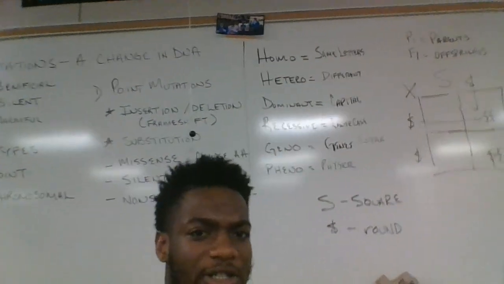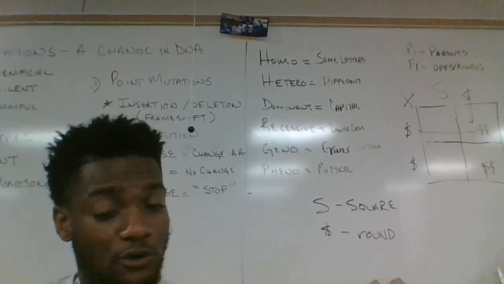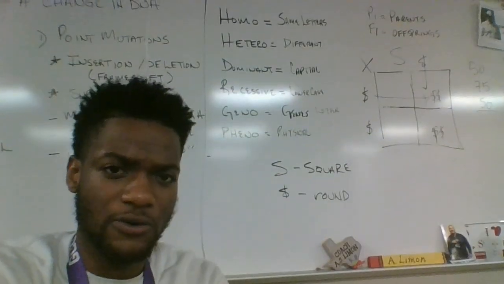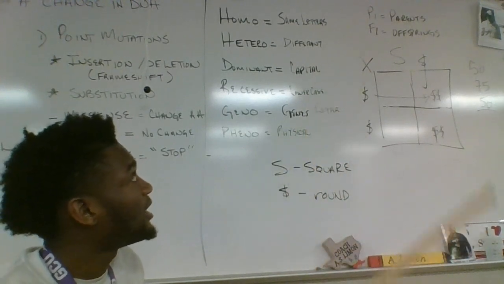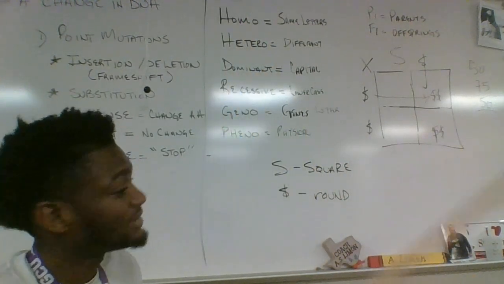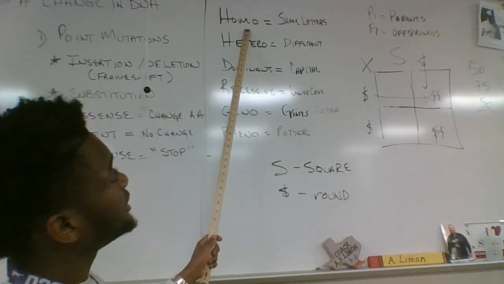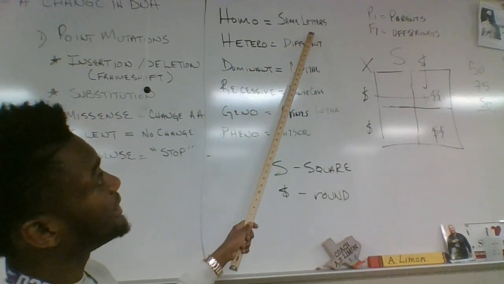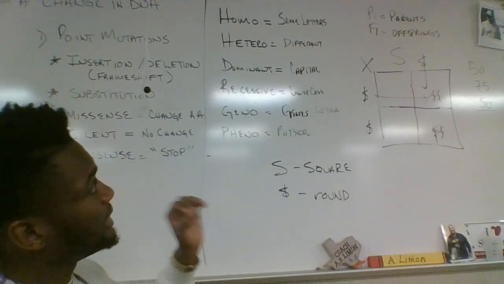Now, let's get into a couple root words and Punnett squares at that. So, up here, you guys will hear a lot of homozygous alleles. Those are any alleles with the same letters. Any alleles with the same letters.